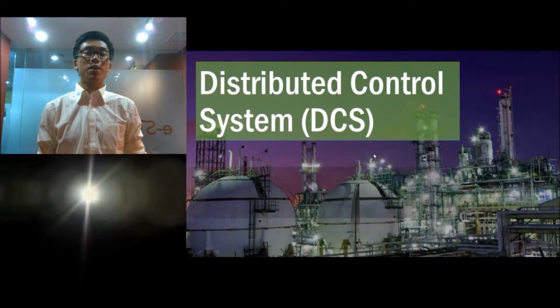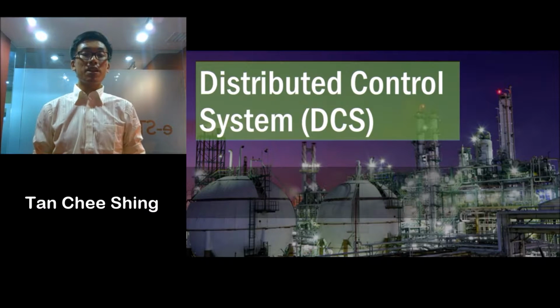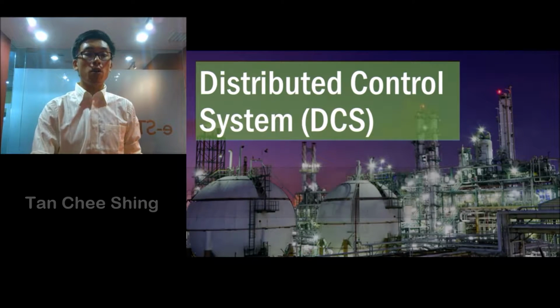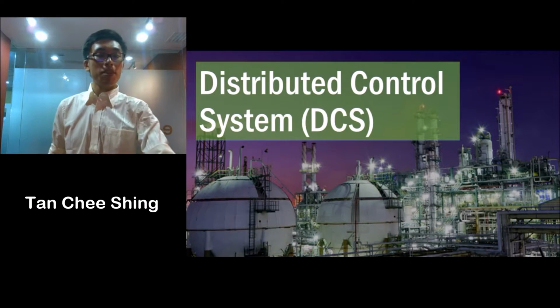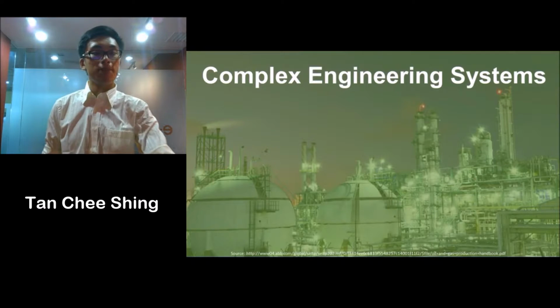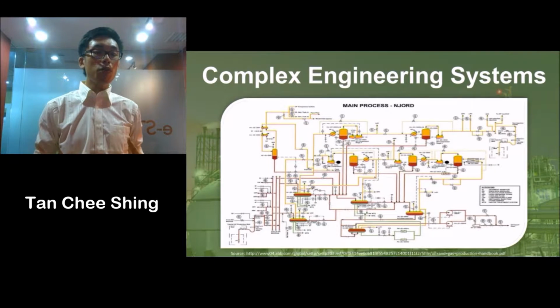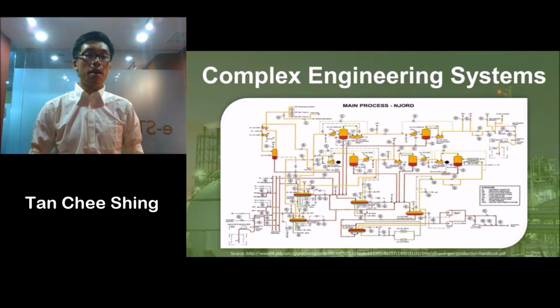Now, let's talk about distributed control system. As industrial processes become larger, more complex and geographically distributed in scale, integrated process control systems become more suitable to be implemented. An overall crude oil processing plant usually stretches up to several hundred kilometers in total area, making centralized control a challenge.